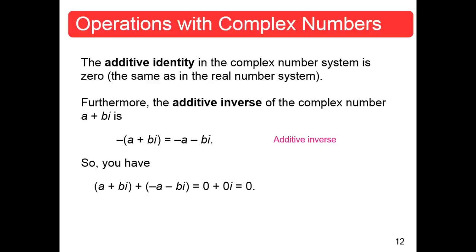Negative a minus bi, because when you add that to it, you get negative a plus a is 0, plus b minus b is 0i, and sure enough, you get the number 0. So that's the additive inverse. Just like you would expect it to be, I hope.